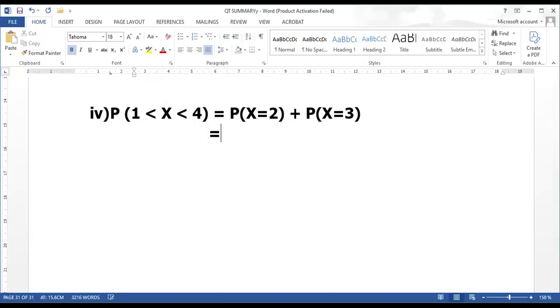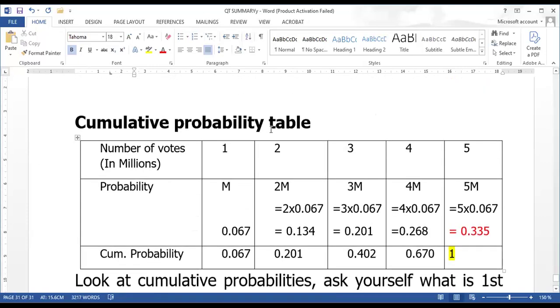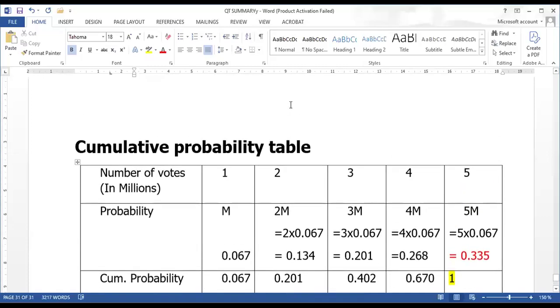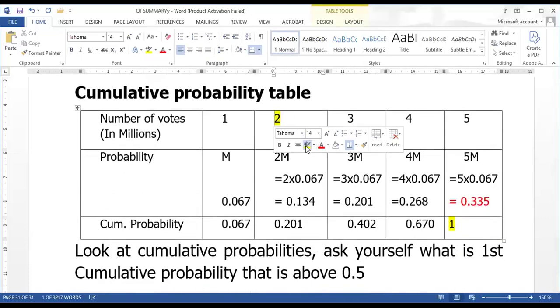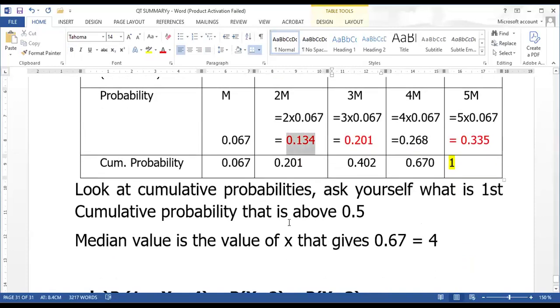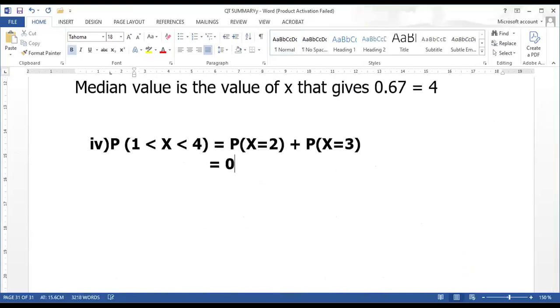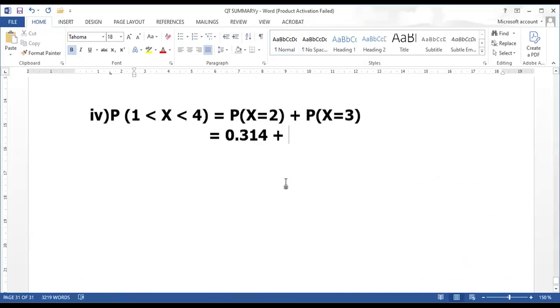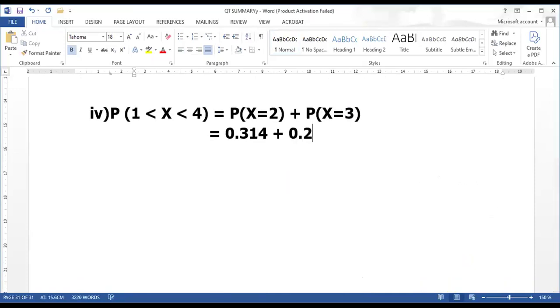Let me hope you're okay. Then you just substitute. What is the probability of x is equal to 2? This is our probability. Then what is the probability of x is equal to 3? This is the probability. So get this one, 0.315, then plus the other one of 0.201.